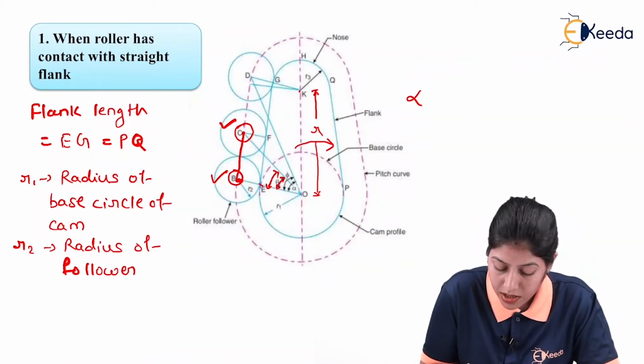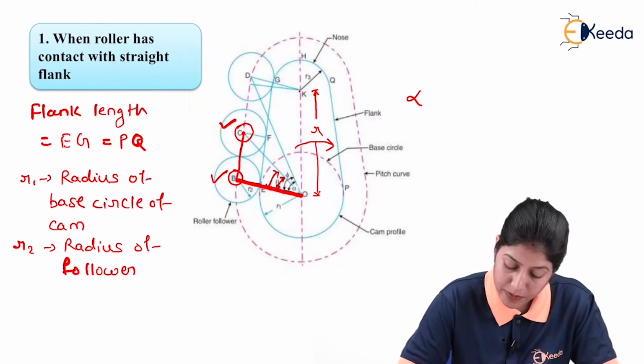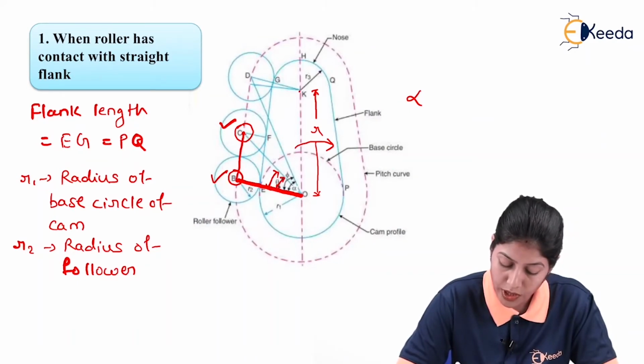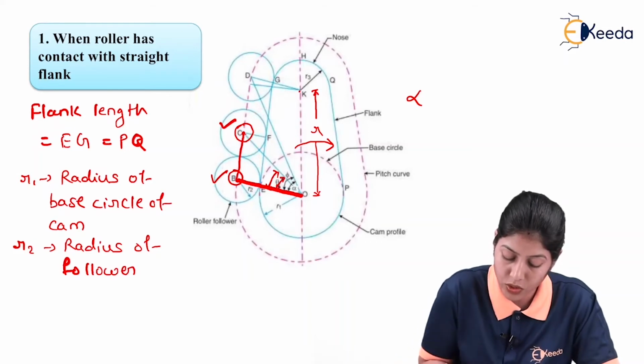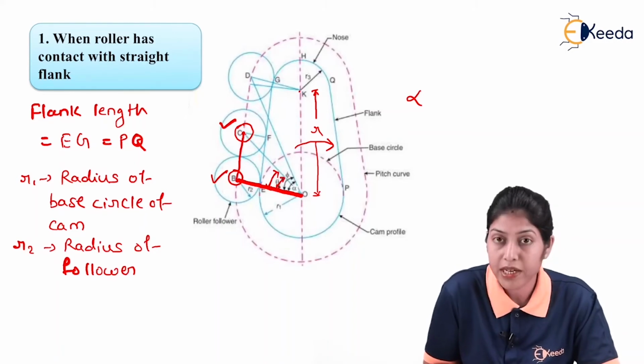Here, the initial position of the cam and follower is defined by this line OB, and after angular displacement, the final position is defined by OC. So the displacement of the follower during reciprocating motion is OC minus OB.